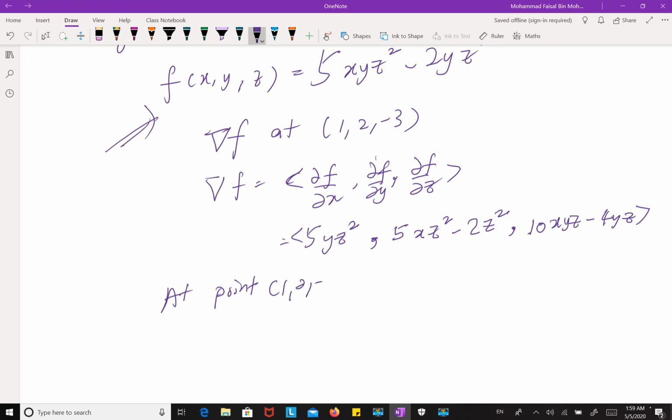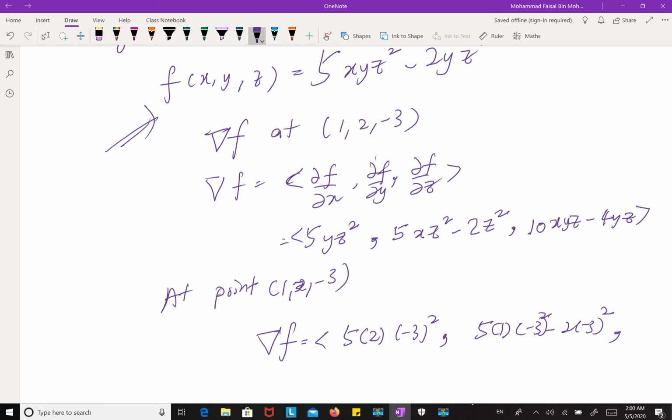Okay, so at point 1, 2, negative 3, your grad f will be equal to 5 times 2 times negative 3 squared, and then 5 times 1 times negative 3 squared minus 2 times negative 3 squared. Your x is 1, your y is 2, your z is negative 3.